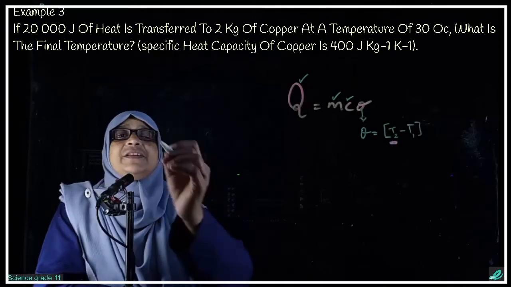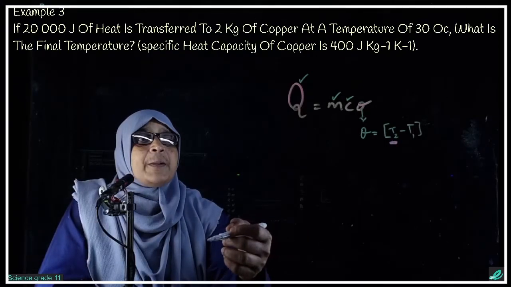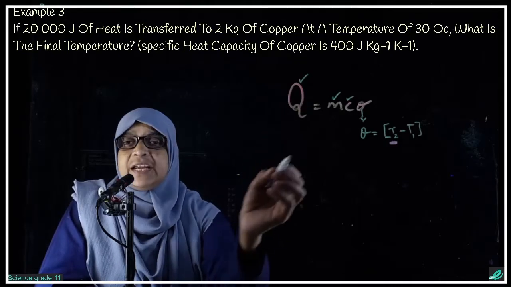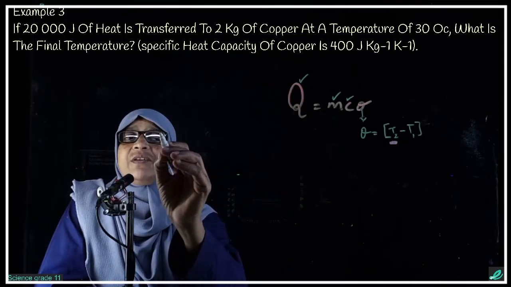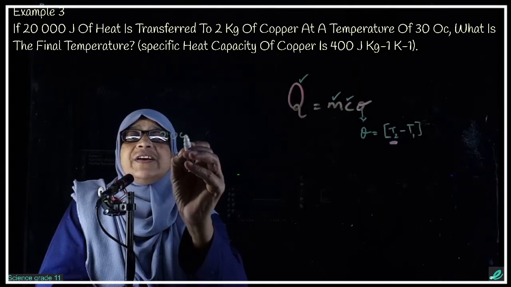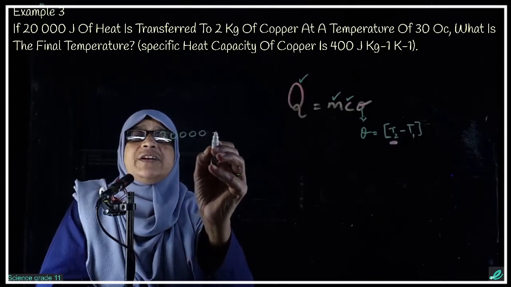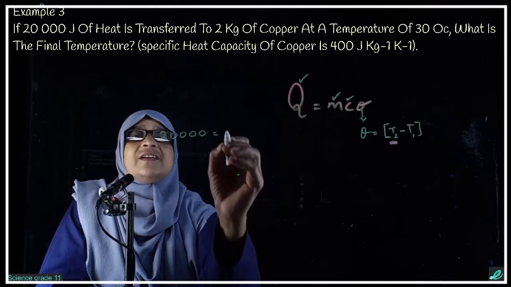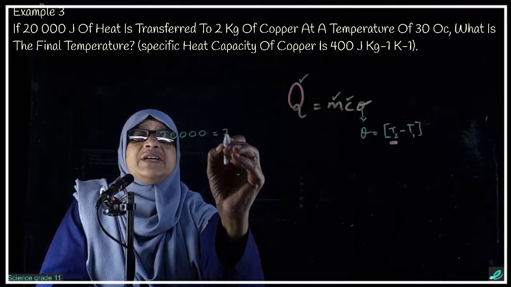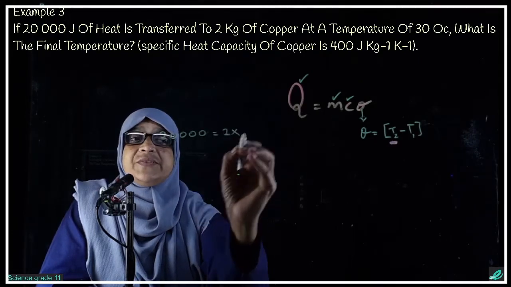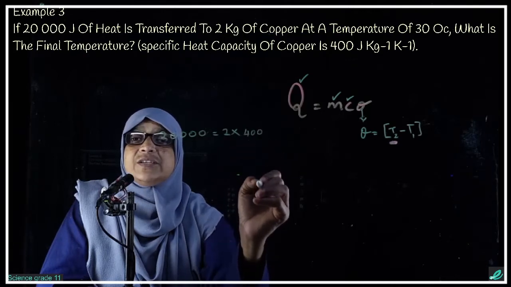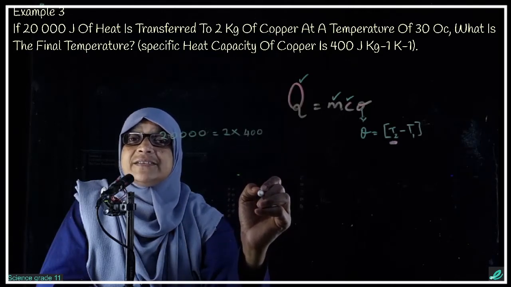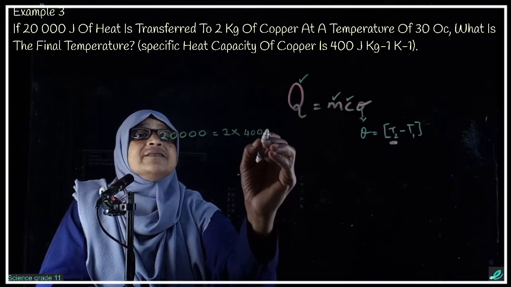Okay, method 1. Now we substitute all the data in this equation. So the amount of heat given is 20,000 joules. Mass of copper is 2 kg. Specific heat capacity of copper is 400 joules kg minus 1 K minus 1.